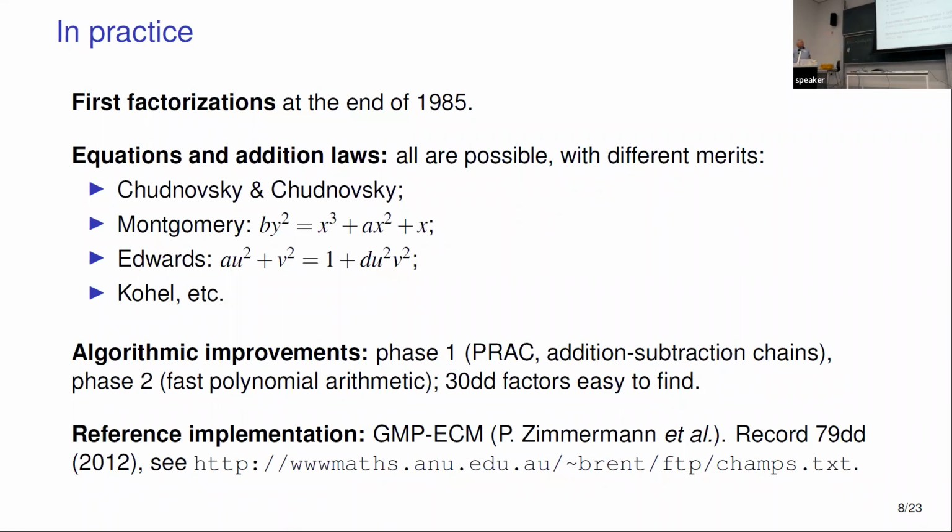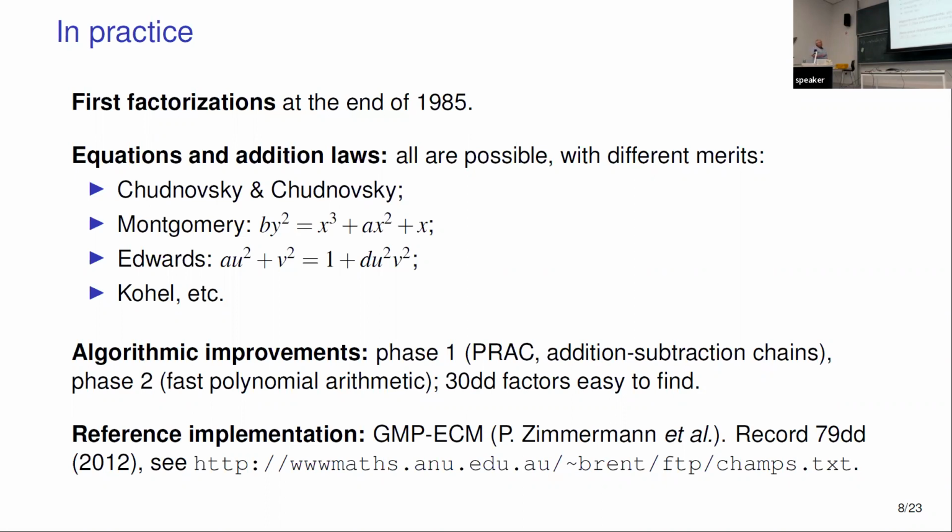And many things were tried, like finding good equations, fast addition laws. You see a list. The first to do that were the Chudnovsky brothers, Peter Montgomery, more recently Edwards, plus any form of twisted, projective, whatever Edwards form.